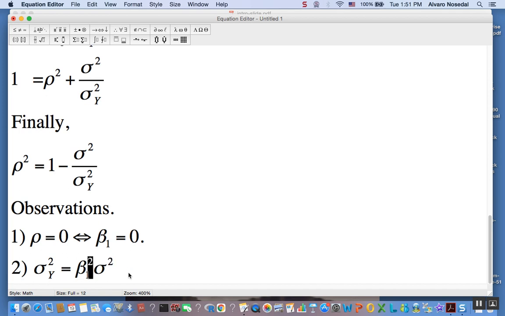So we have from that expression that relationship between those variances. The variance of y is greater or equal to the variance of the epsilon term, which implies that the ratio between them, sigma squared divided by the variance of y, is going to be less than or equal to 1, right?